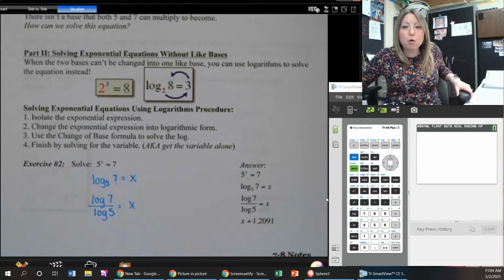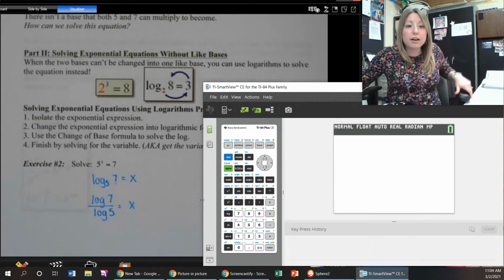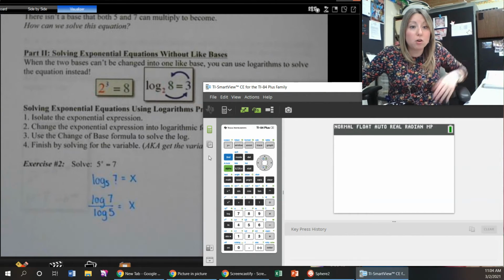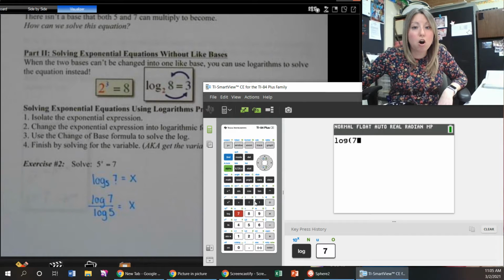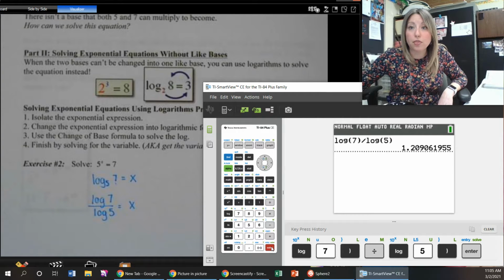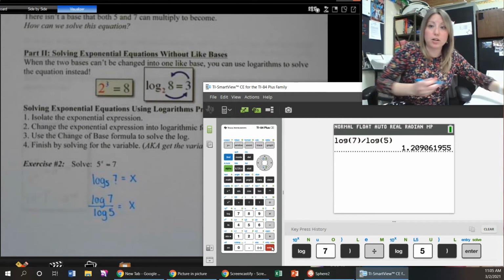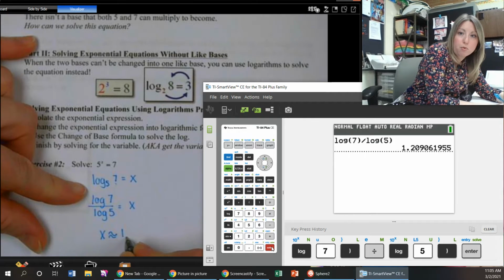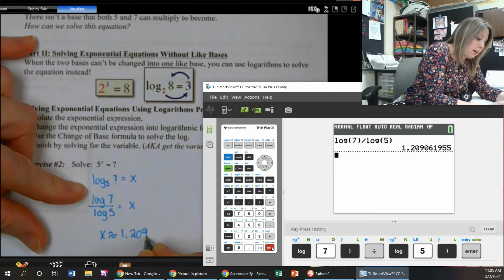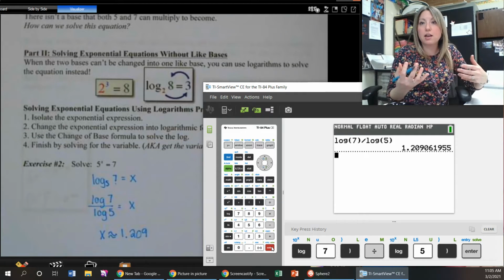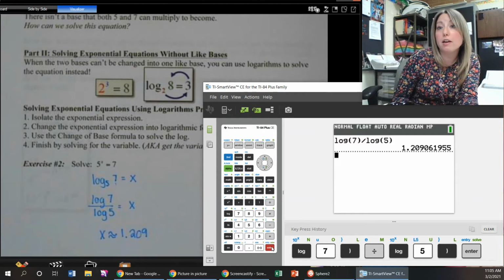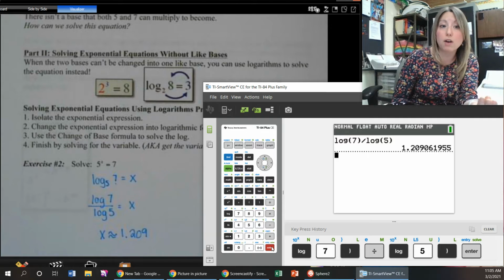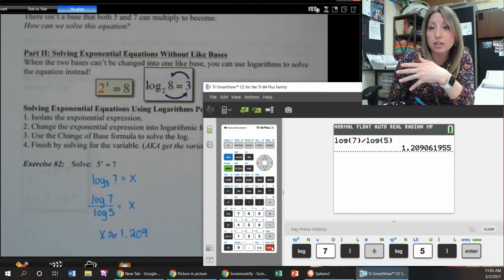Okay, so let me pull my graphing calculator out. And again, notice I've got that variable alone already. All I have to do now is round to the nearest thousandth, so 3 decimal places. So x is approximately 1.209. That makes sense because what we're saying is our exponent on 5 is 1.209 to get 7 as an answer.